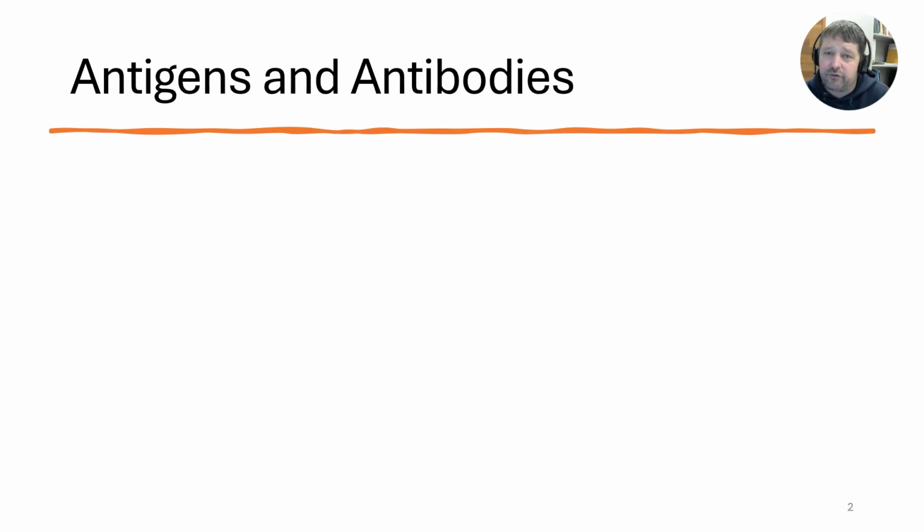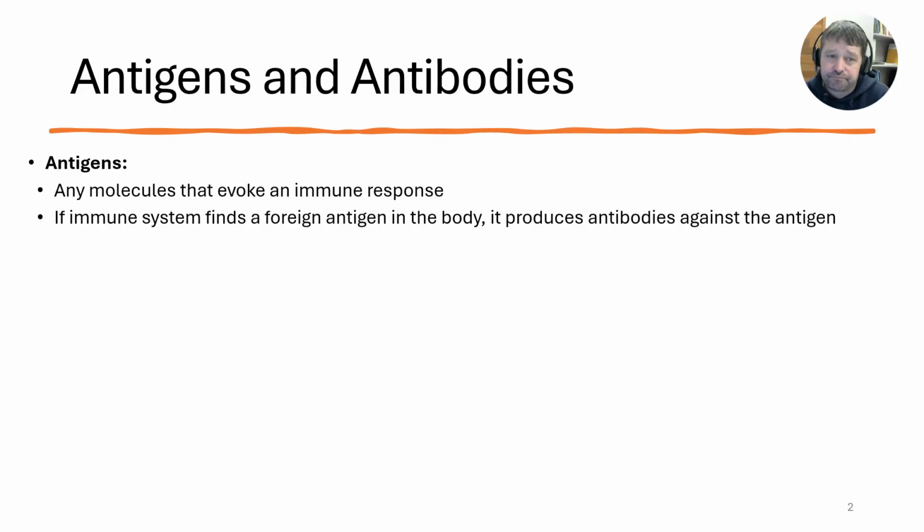So let's look at that antigen-antibody system. An antigen is any molecule that can invoke an immune response. Sometimes these are molecules floating around in the plasma. Sometimes these are molecules stuck to the outside of a cell.